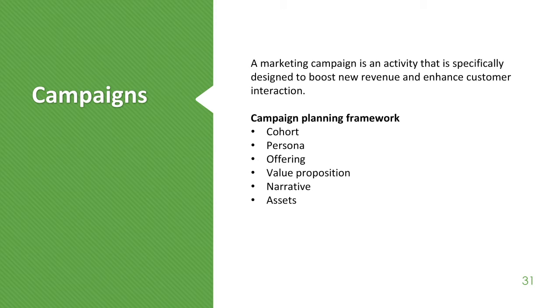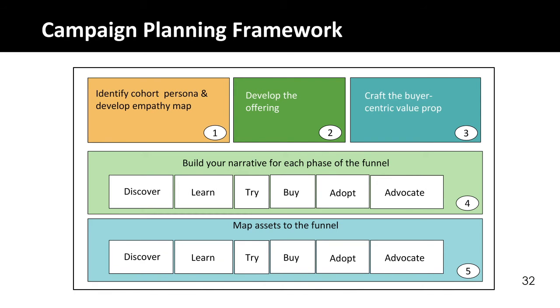Now you have to create an offering for those perfect buyers, and a value proposition for why those buyers should be working with you. Then you craft a narrative. This is the story, because this is all about story selling here, to bring them on the journey through your buyer's journey. And then you have to have assets that align to pieces of the journey and help you build the narrative.